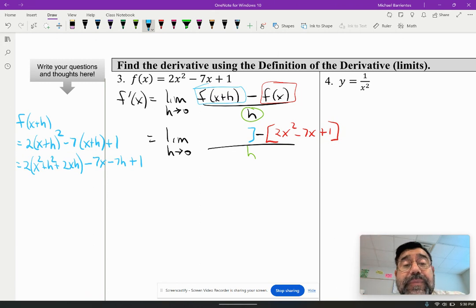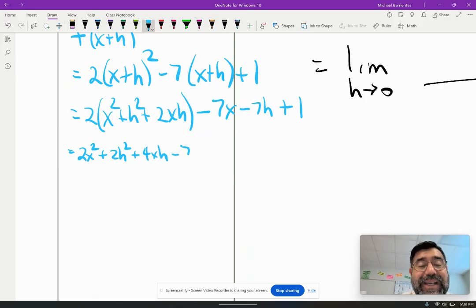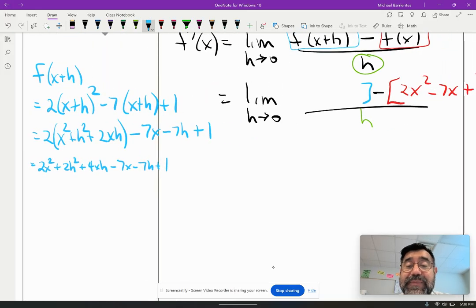And this is where some people kind of lose their patience, because we need to be very careful when we do this algebra. As I zoom in, we need to double all this. So that'll be 2x squared plus 2h squared plus 4xh minus 7x minus 7h plus 1. That is a lot. And all of this is what needs to go in this space, because that's what f of x plus h is, right?